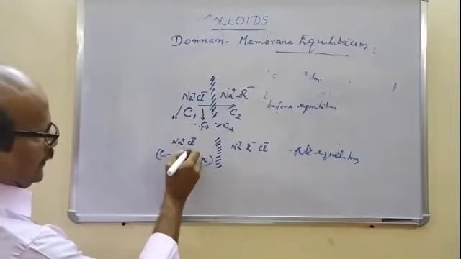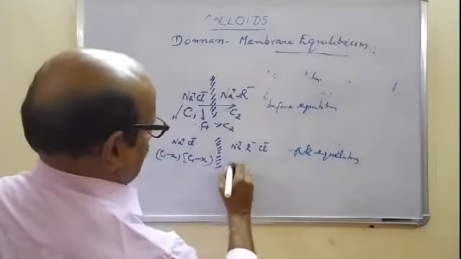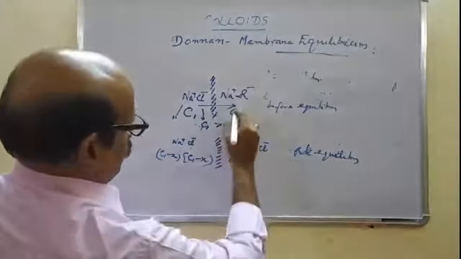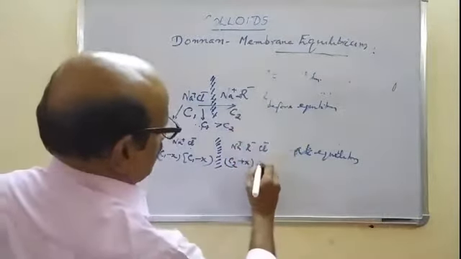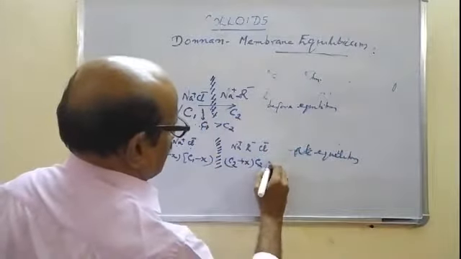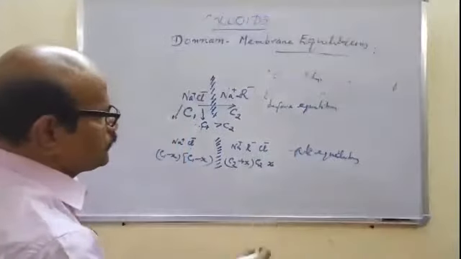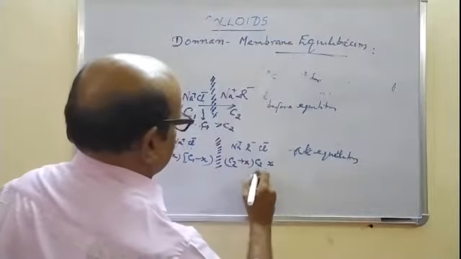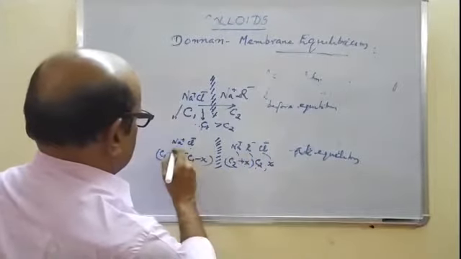And here Na plus is C2 plus X, and that of R minus, no change, C2. And that of Cl minus is X.